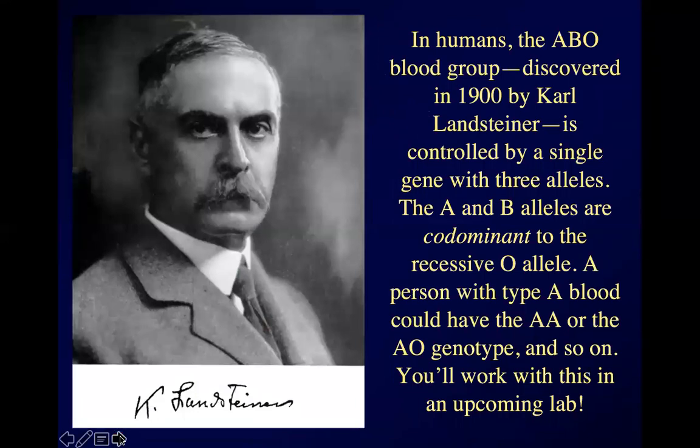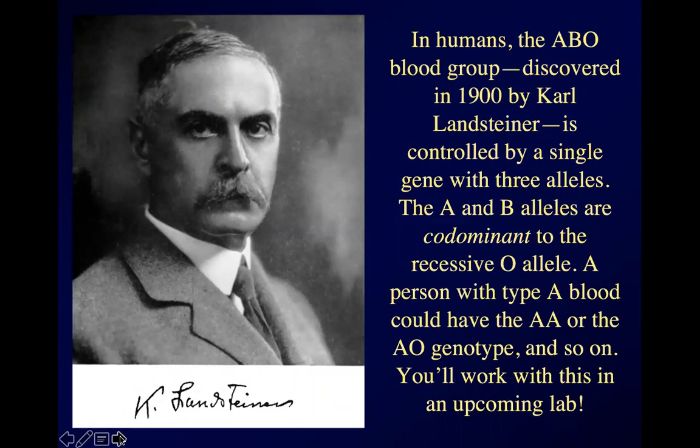A human example, and this is one you're going to hear a lot more about in lab, is the ABO blood group, which was worked out by a guy named Carl Landsteiner, who won the first Nobel Prize in medicine because it made blood transfusions safe. Well, a lot safer.